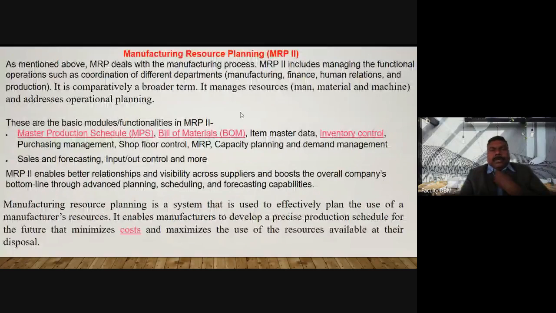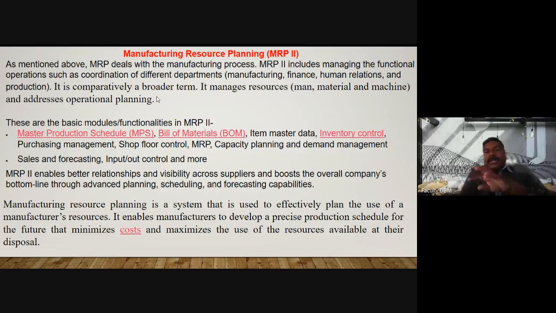So now we are going to see manufacturing resource planning. As mentioned above, MRP deals with manufacturing processes, including managing functional operations such as coordination of different departments like manufacturing, finance, human relations, and production. So it is comparatively a broader term. It manages the resources: man, material, and machine. So we have the 4Ms, that is, the money as well.